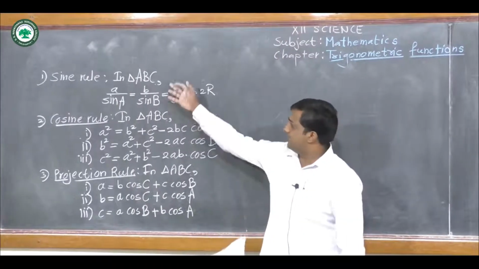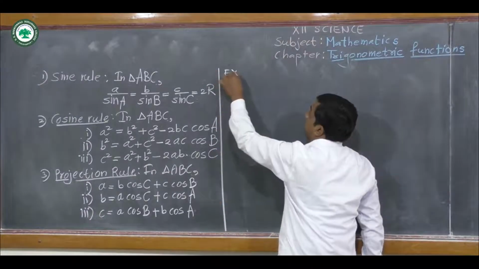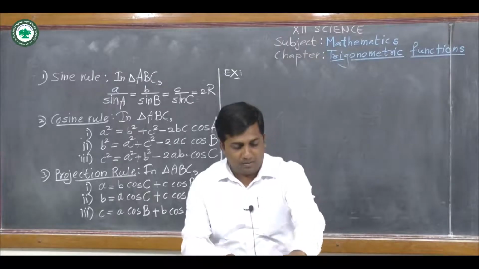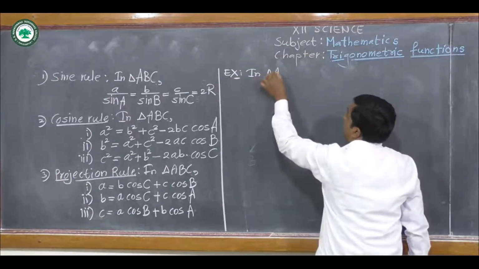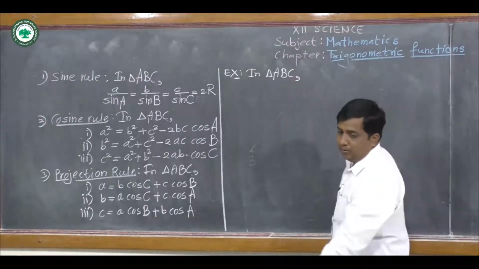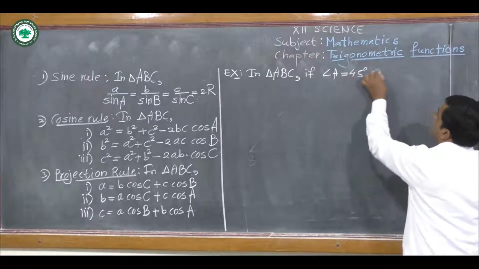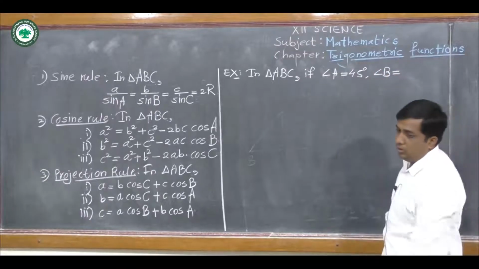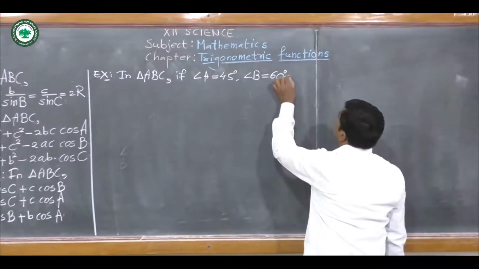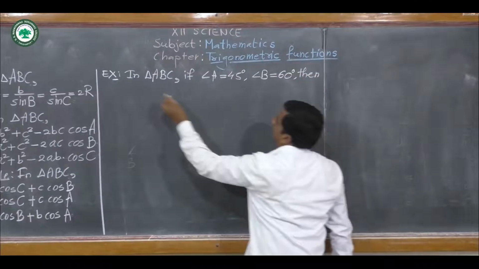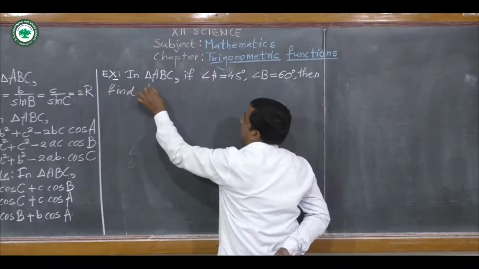Let us consider some examples related to these rules. Let's go with the first one. In triangle ABC, if the measure of angle A is 45 degrees and angle B is 60 degrees, then find the ratio of its sides.